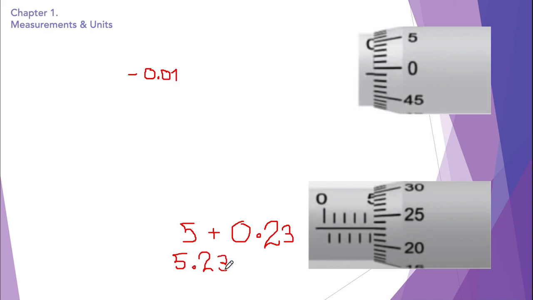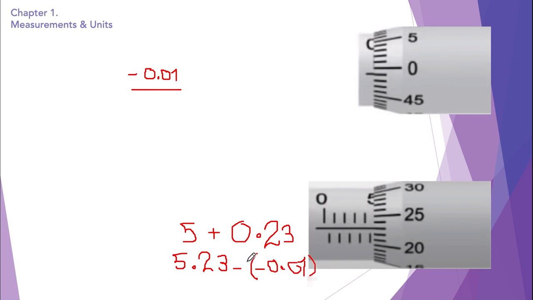So this is the reading of the micrometer screw gauge, but it is not a correct reading because the micrometer screw gauge itself has a zero error. So in order to correct this reading, we will minus this zero error, just like we did in the Vernier calipers. So we minus the zero error, which is minus 0.01.